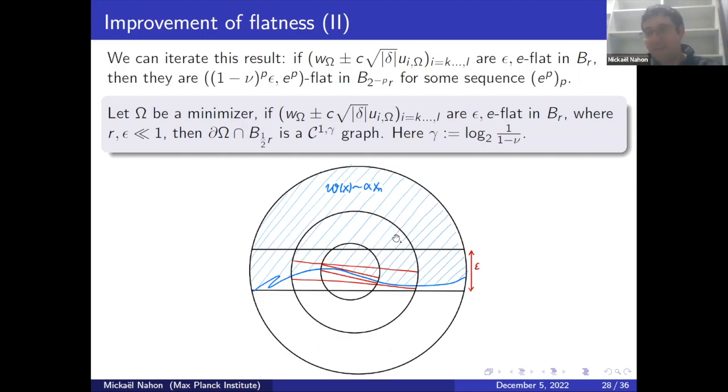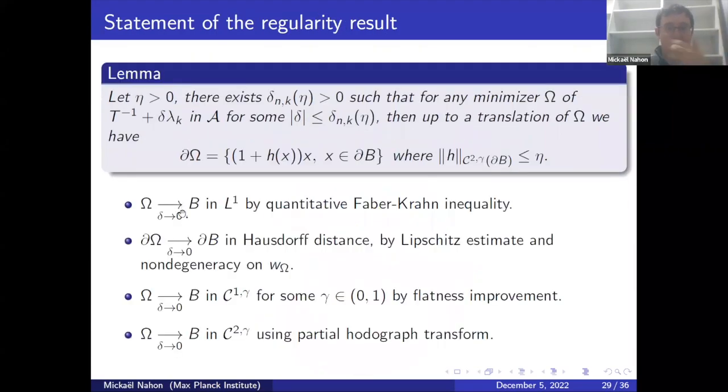The problem is that there might still exist places where the domain has corners or things like this. So now I will explain why it is not the case. The regularity result, you can state it like this. You take any small eta, and there exists some positive number delta, that when it is small enough, then when you look at your minimizer, t minus 1 plus delta lambda k, where this delta can be positive or negative, the optimal domain for this is a very small perturbation of the ball.